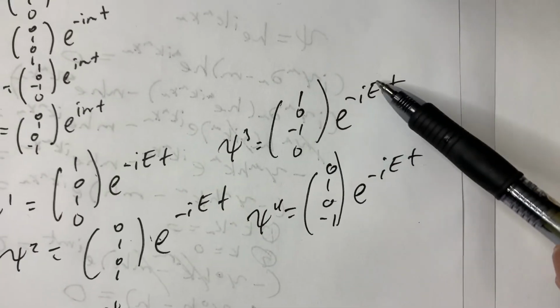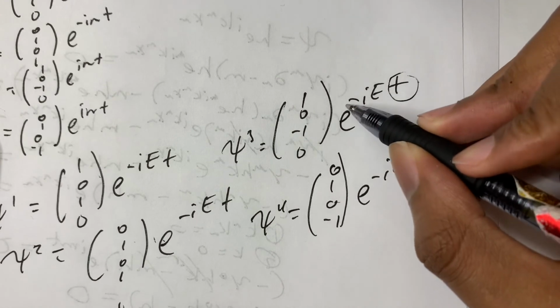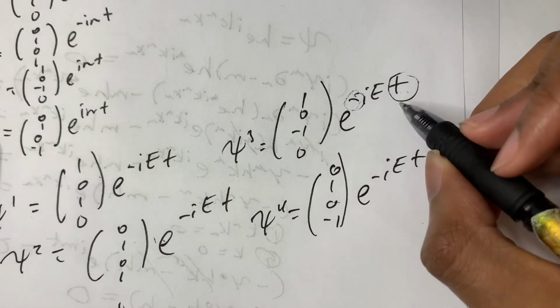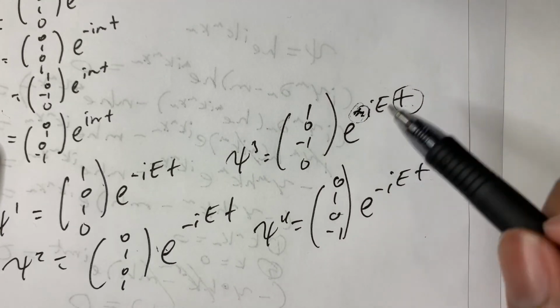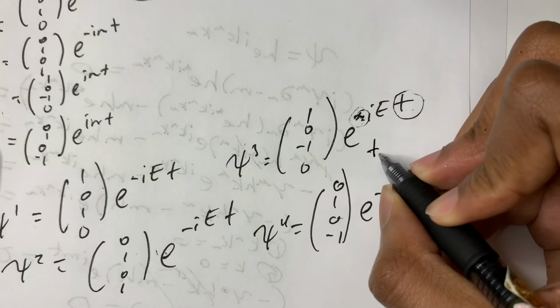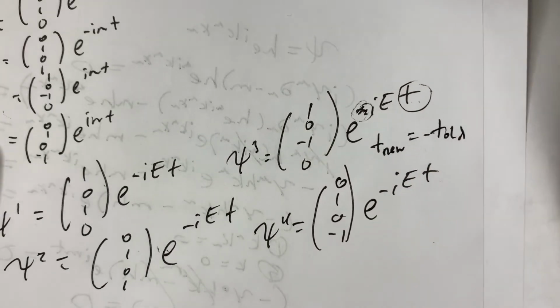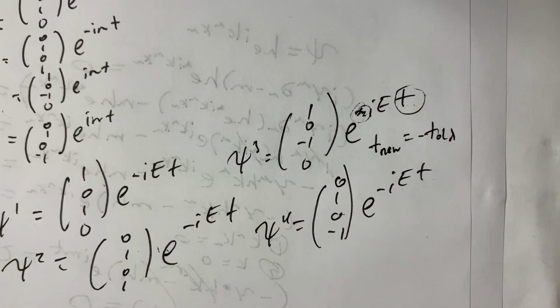So your energy is positive, but it's just time that's negative. So the time absorbed is a negative factor, and you call that time now. And this new time is negative, and this sort of fixes your problem, because you no longer have negative energies here.